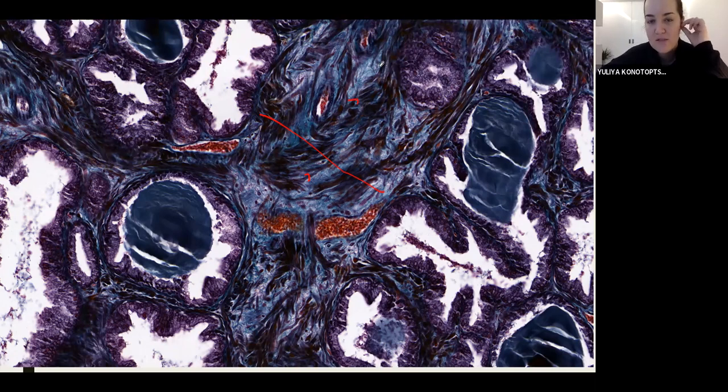It's trying to show you that fibromuscular stroma has a ratio towards smooth muscle cells. So you actually have more smooth muscle cells in the connective tissue stroma of the prostate than you have fibroblasts. So these are fibroblasts, just their nuclei, right? These are smooth muscle cells. So you can see that majority of the cells in the stroma are going to be smooth muscle cells.